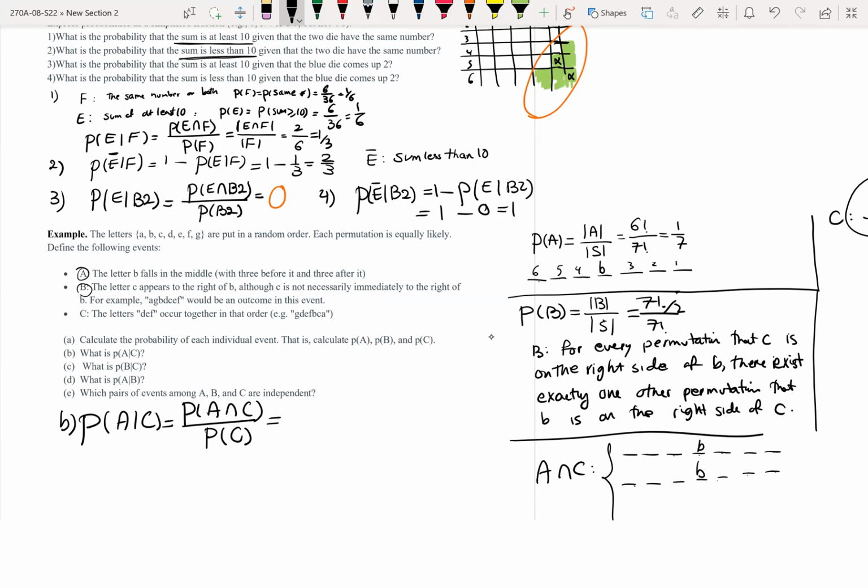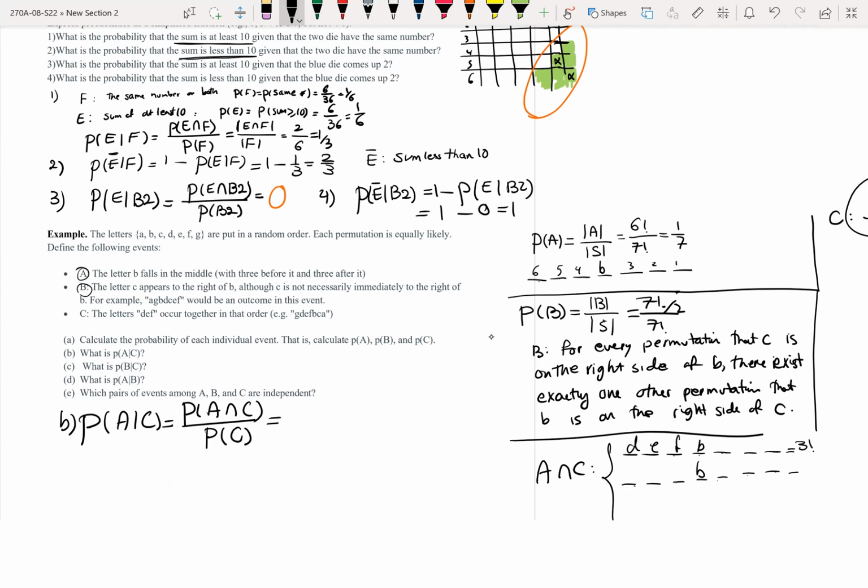What are the cases? So let's say D, E, F sits here. How many permutations do you have here? 3 factorial, you mean?